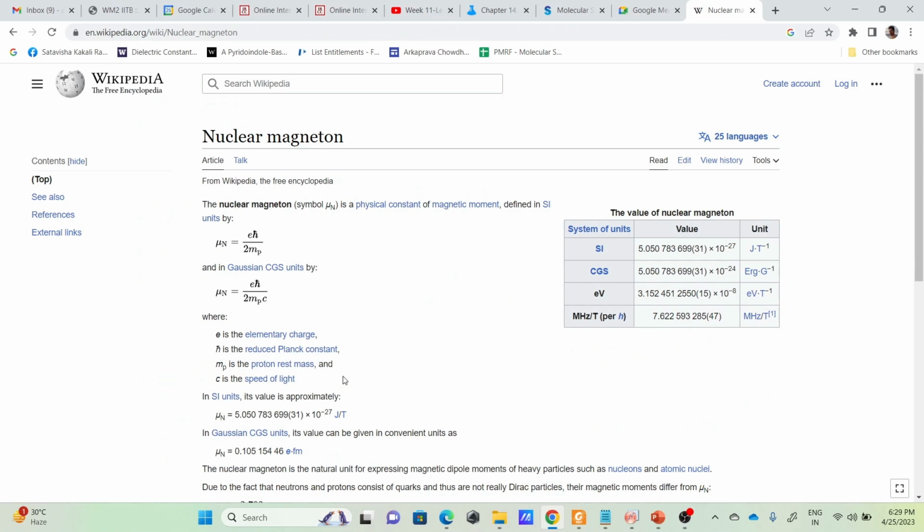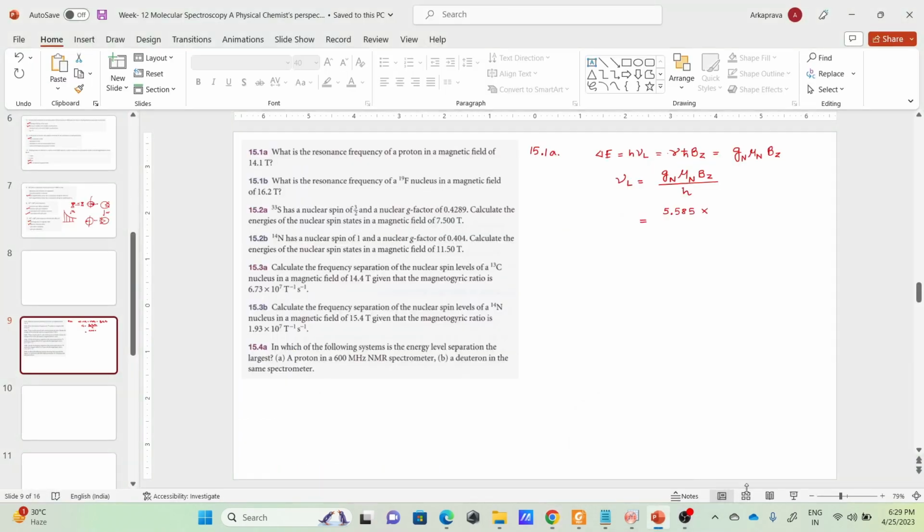In Wikipedia, it is given in SI unit: 5.050 into 10 to the power minus 27 Joule Tesla inverse. Okay, let us take that.